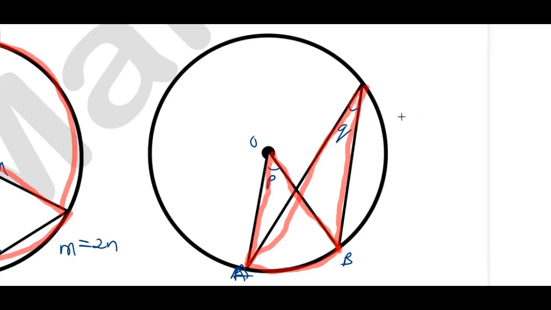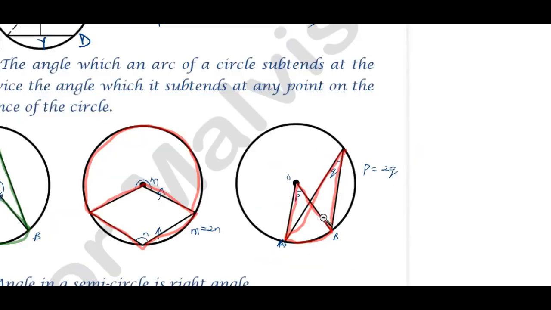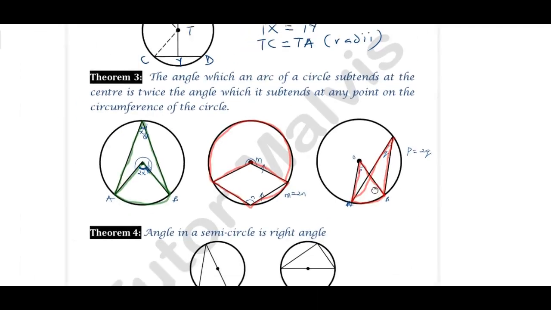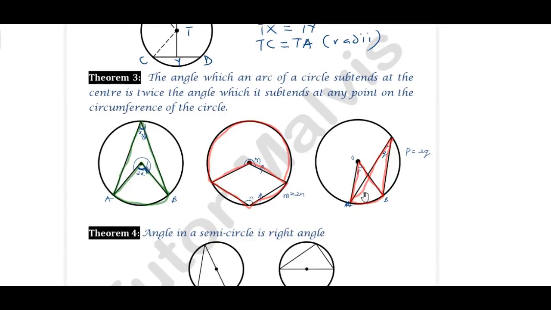So we can conclude that P equals to 2Q. So whatever the value of Q is, you multiply it by 2 to get the value of P. So this is all about theorem 3. Let's go to theorem 4.